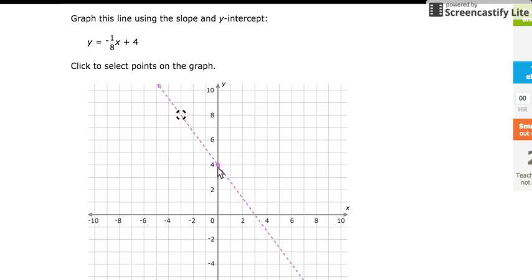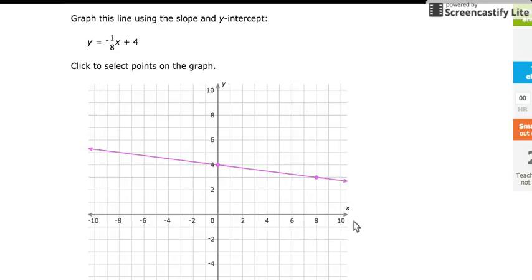I don't know why my mouse is acting weird. So you're looking at the little circle, okay? And then from there, I'm going to go down 1 over 8. So from this point, look at the black, don't look at the mouse. You're going to go down 1, 2, 3, 4, 5, 6, 7, and 8. Okay? Sorry, guys, you're looking at the black circle, not the mouse.